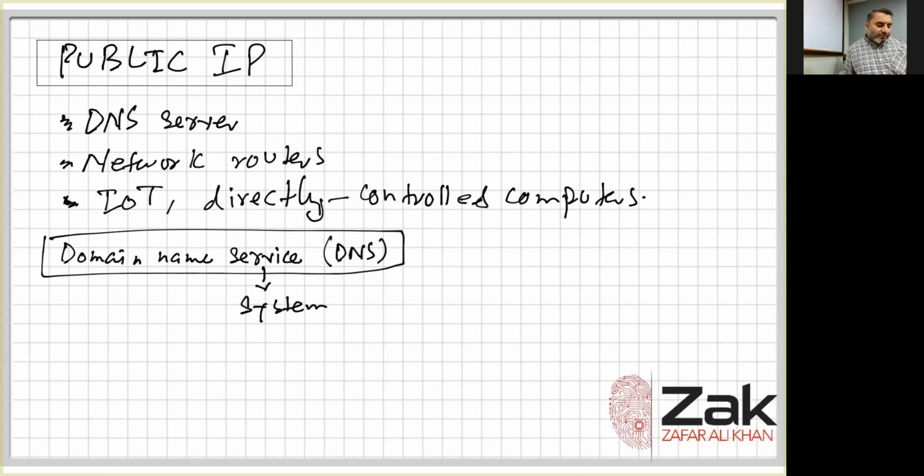The DNS process involves converting a host name such as zakonweb.com to an IP address that the computer can understand. All right, so the computer only understands numbers. So we have to have this service available through our ISP, so that whatever address we type into our computer's browser should have the IP address related to it.